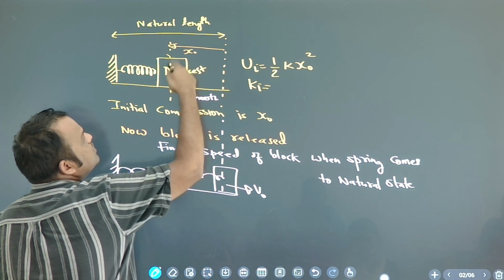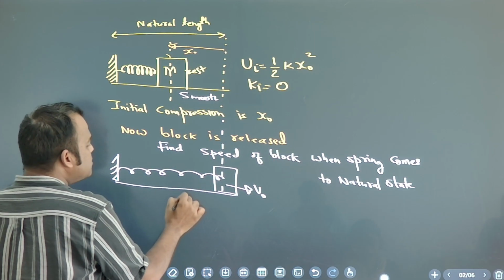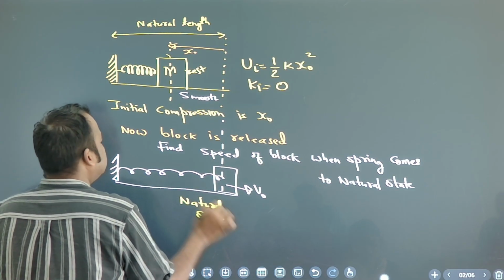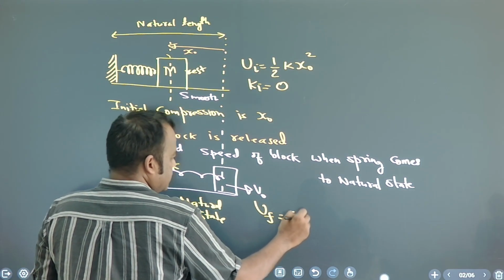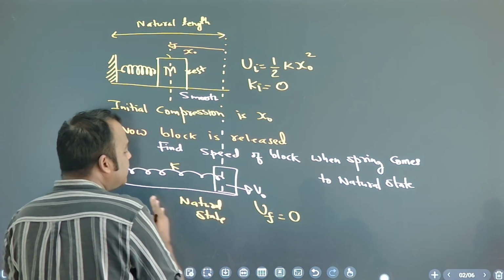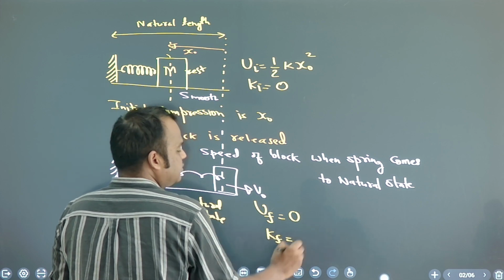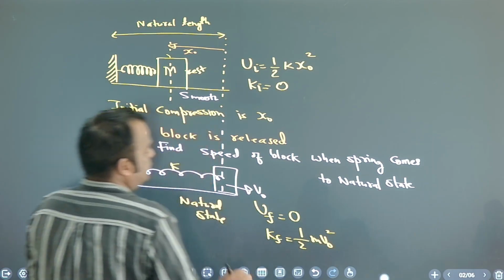So what is the speed? 0. So what is the kinetic energy? 0. Now spring is at natural state. So what is the spring potential energy? 0. When spring is natural, potential energy is 0. Now what is the final kinetic energy? Half m v square.